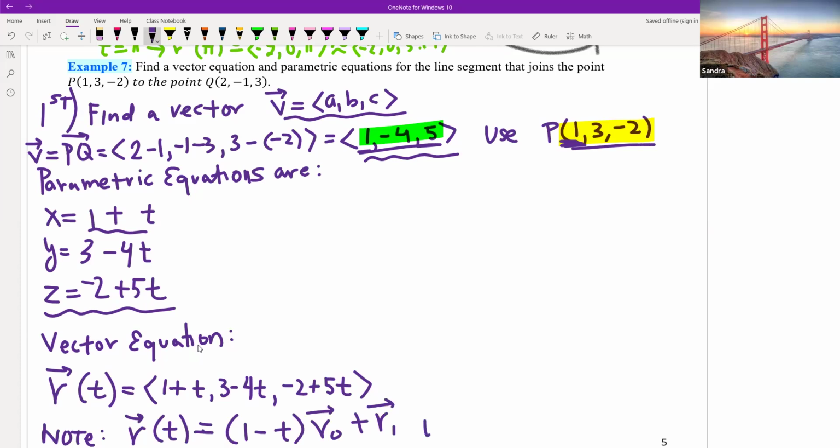I prefer the way I did it. And so in this case, t will be between 0 and 1. The book is using this other formula. Feel free to use it if you want to, but you don't have to. This will be the vector equation for us.